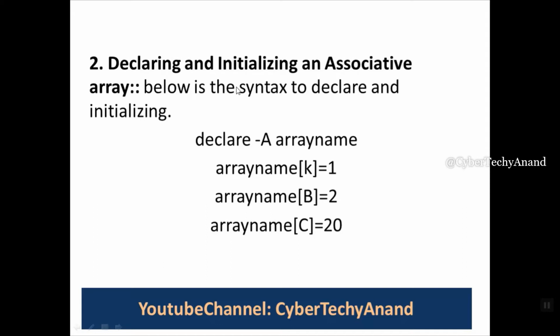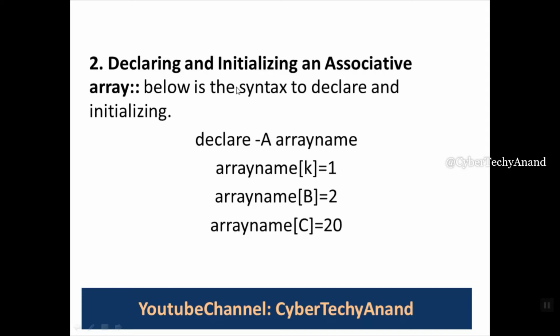Now next is declaring and initializing an associative array. Earlier we saw how to declare and initialize a numerical indexed array. Here is an associative array. An associative array is based upon key-value pairs, whereas a numerical indexed array, as shown in the picture, is indexed with numbers starting from 0.